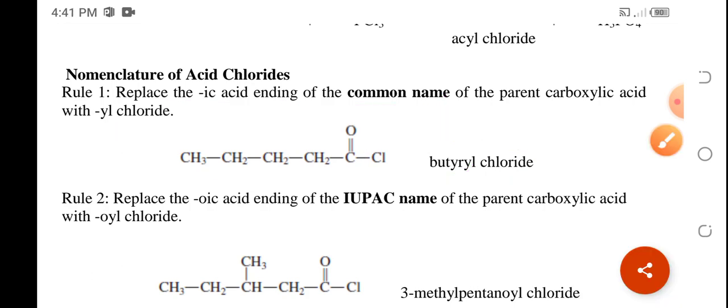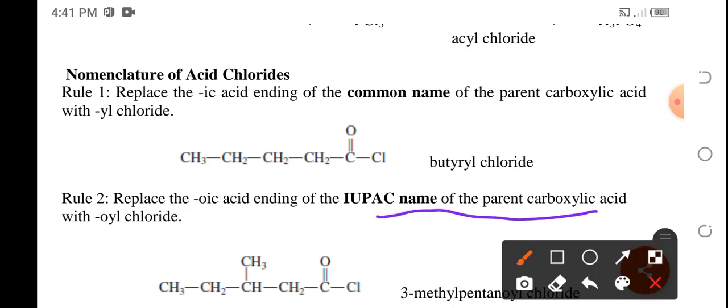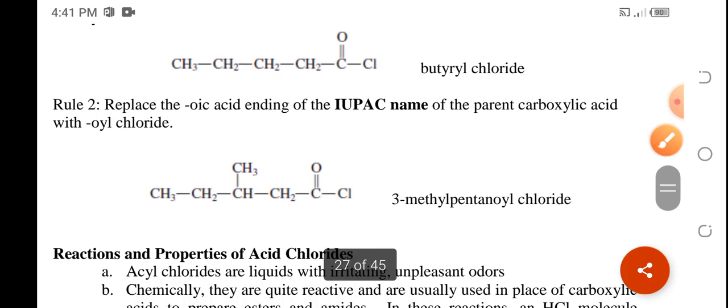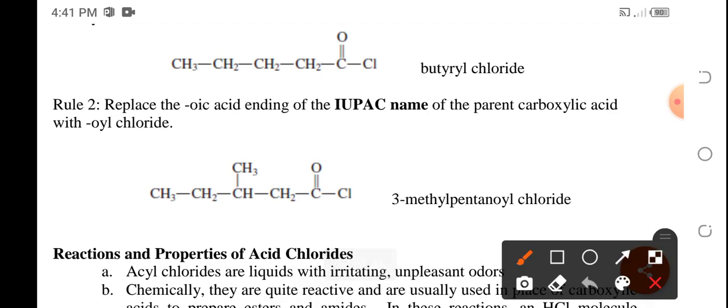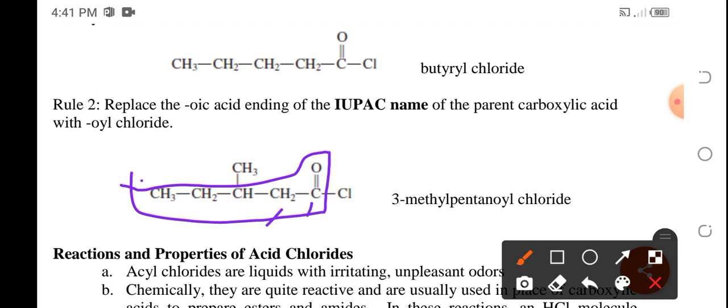As for the IUPAC naming, you are again going to choose the name of the parent carboxylic acid, but this time you have to drop the OIC acid and replace it with OYL chloride. So we have here the parent chain, the long chain of carbon atoms. This has 5 carbon atoms.